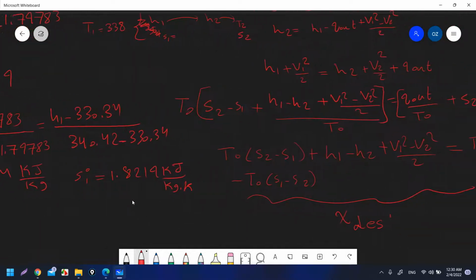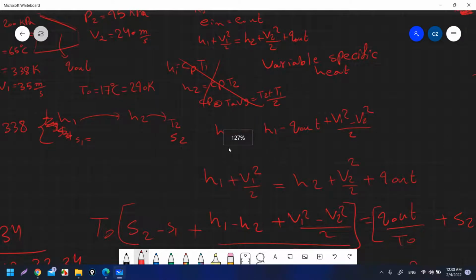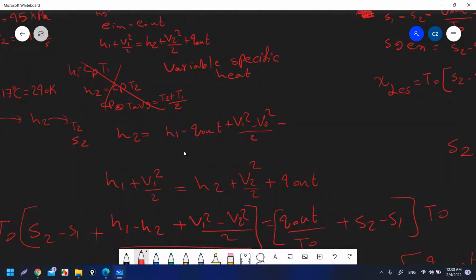So I have H1, then I can use the energy balance to get H2. So H2 is equal to 338.4 minus Q out plus (35 squared minus 240 squared) over 2.